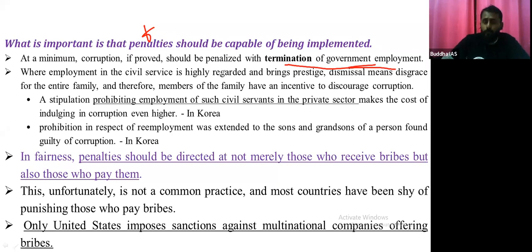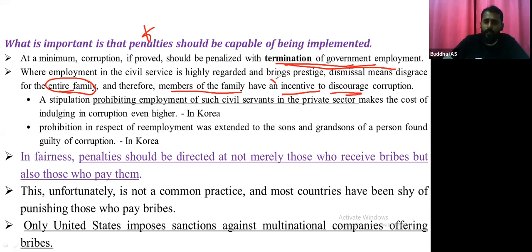The basic minimum thing should be termination from the government employment, where employment in civil service is highly regarded and brings prestige, and dismissal means disgrace to the entire family. Since dismissal leads to disgrace or a kind of shame to the entire family, the members of the family have an incentive to discourage corruption.